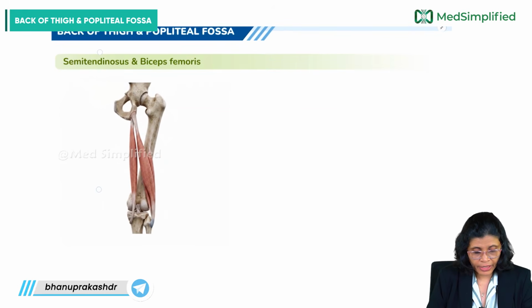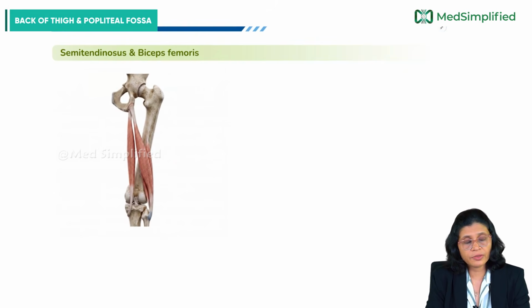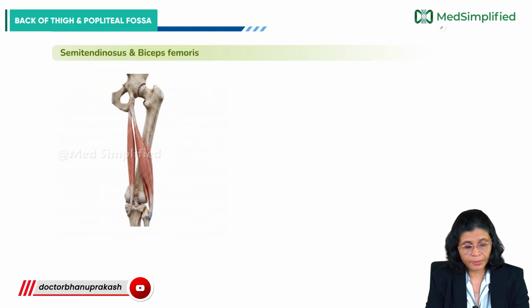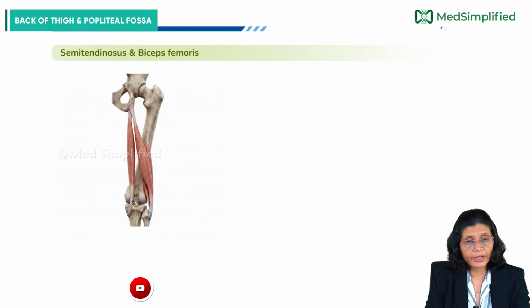Next, coming to semitendinosus. Semitendinosus, along with the biceps femoris, has its origin from where? From the infero-medial part of the ischial tuberosity, in the upper quadrilateral infero-medial part. Semitendinosus gets inserted on the upper part of the medial surface of the tibia.